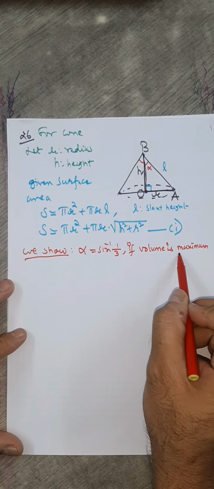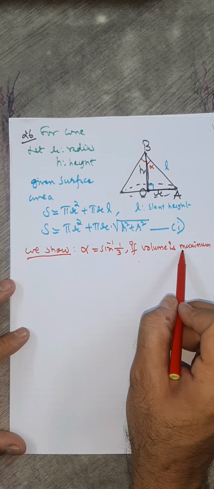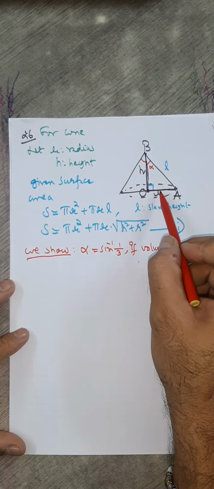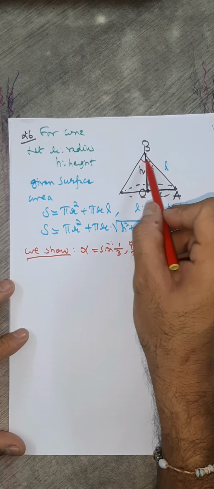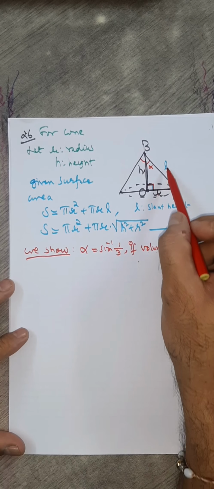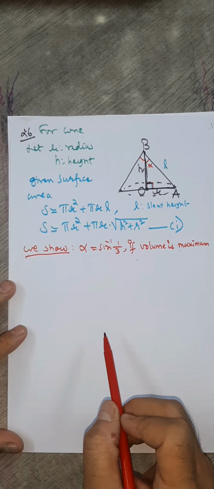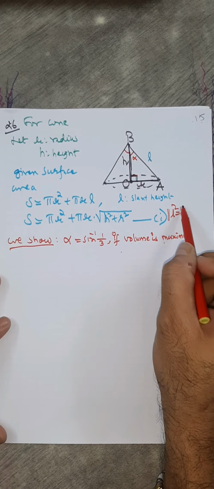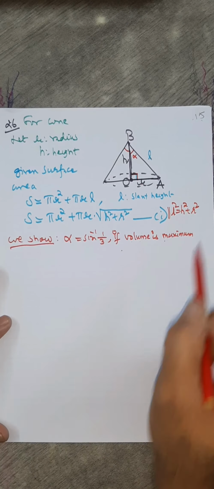So we take volume as a function, we see that it is maximum, we get the relation between h, r and l, and then we'll use the sine alpha in this right angle triangle. What is sine alpha? Opposite upon hypotenuse. That's what we are going to use here. I'll write here l squared equals h squared plus r squared.